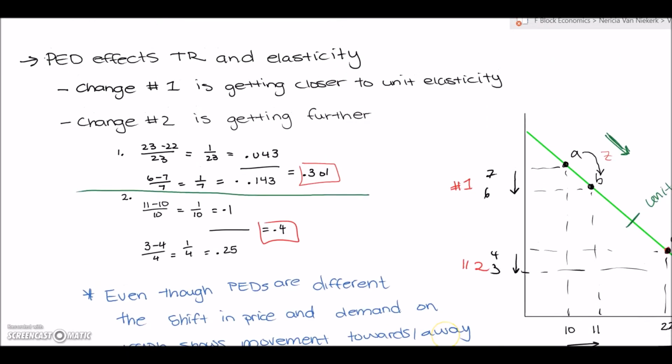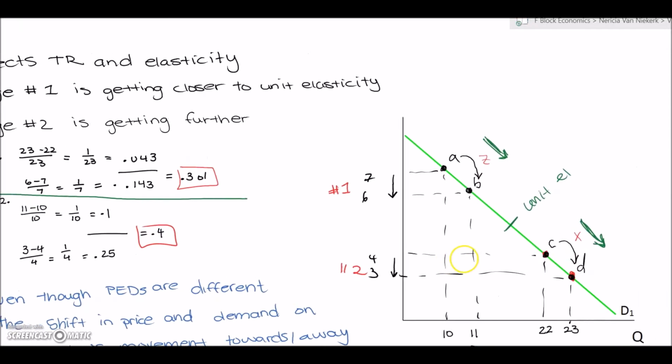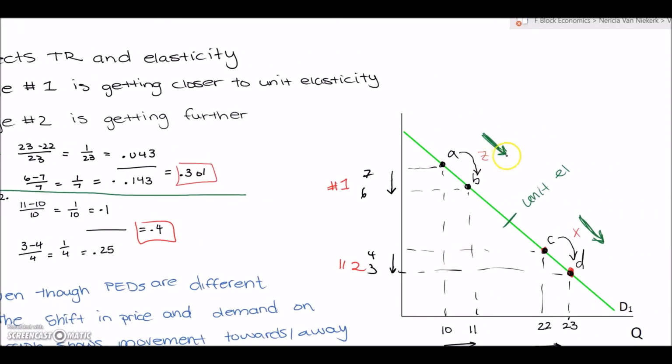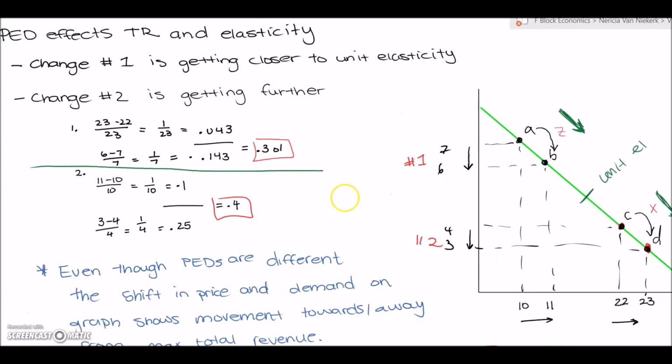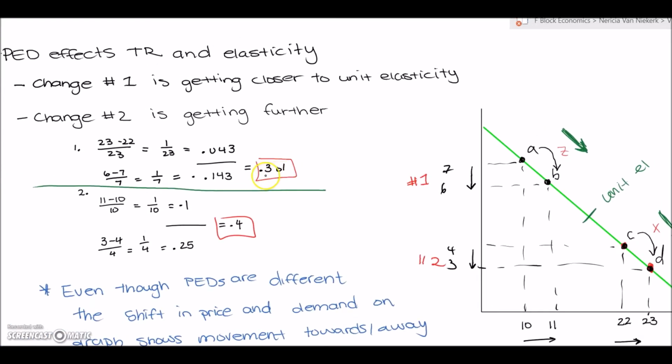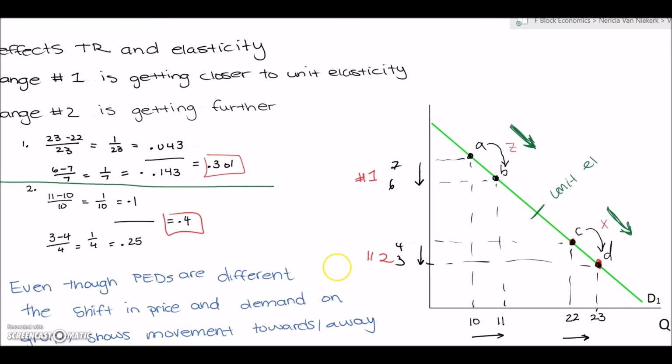Now, we can see that change 1 is getting closer to elasticity on the demand graph. Although the PED of the first change is 0.3 and the PED of the second change is 0.4, the PED of change 1 is getting closer to unit elastic because it's getting closer to the middle where unit elasticity is found.